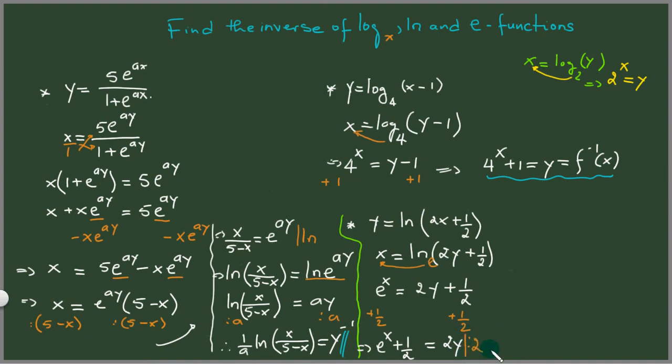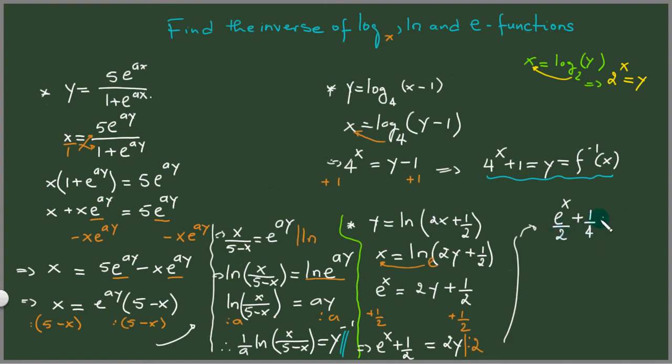So divide by 2 on both sides, and that's giving us e to the x divided by 2 plus 1/4. Oh, divided by 2 here, sorry.